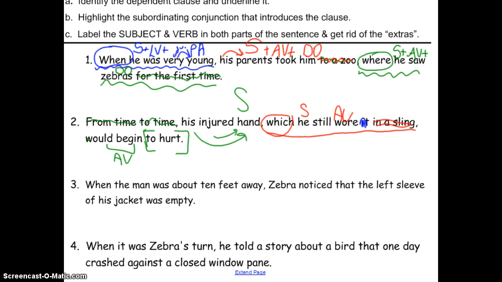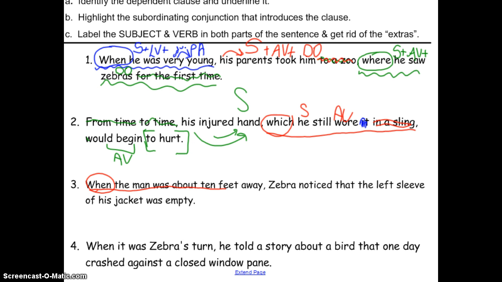Very good. All right. Jacob, when the man was about 10 feet away, Zebra noticed that the left sleeve of his jacket was empty. There are two dependent clauses. You just need to find one. Very good. When.